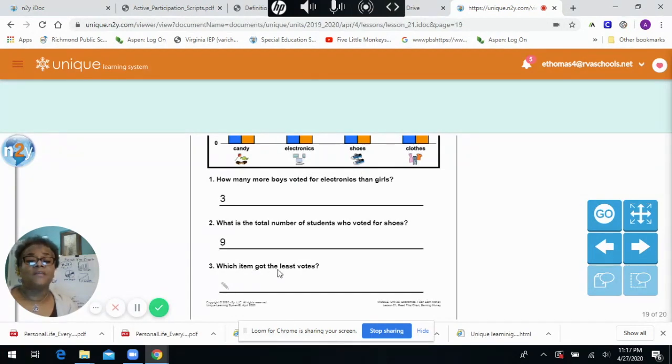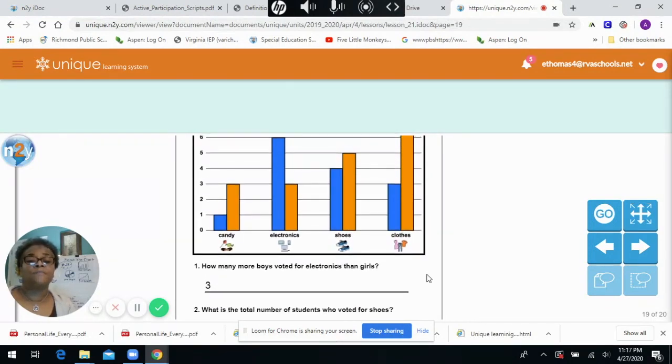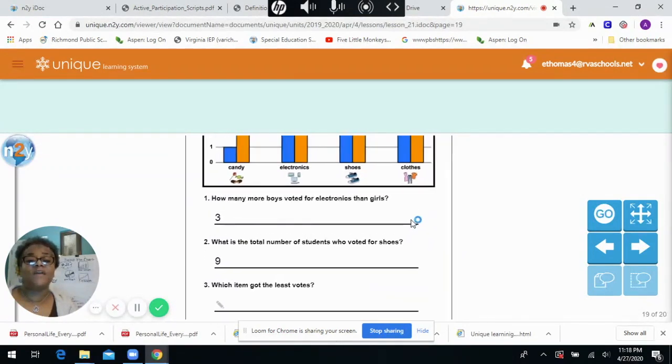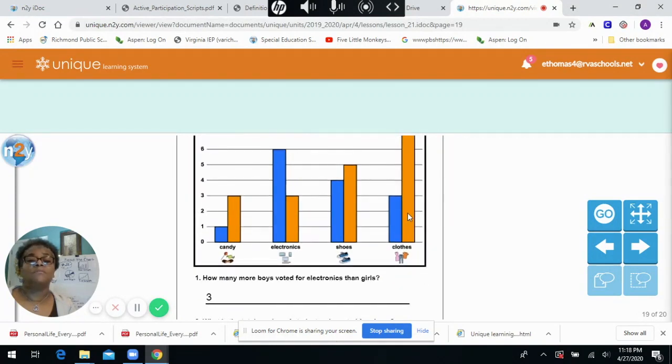Which item got the least votes? Okay, so we're going to look for the shortest. Now, what we have to do, we're going to have to count all of them to find out. Now, we know the clothes are very tall, so that wouldn't be the shortest.